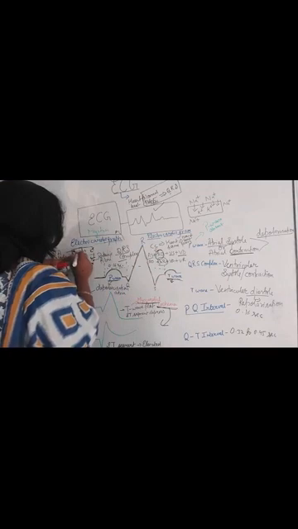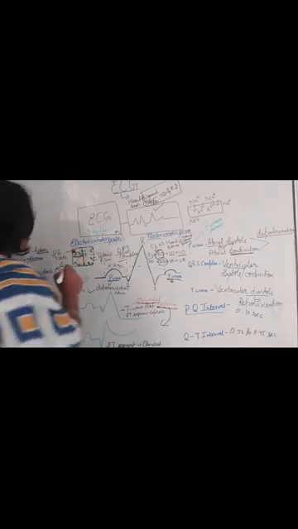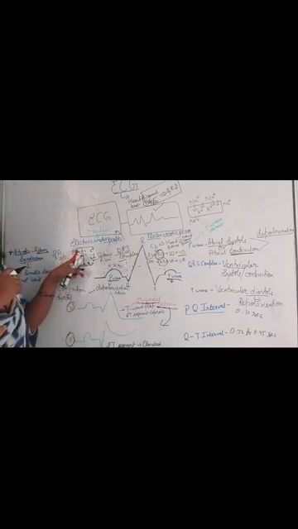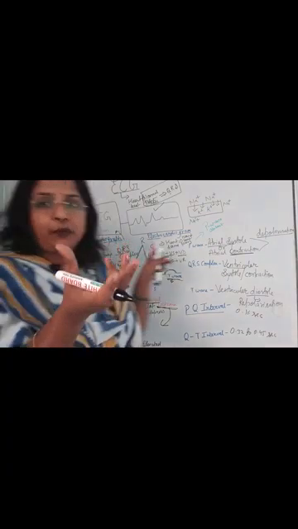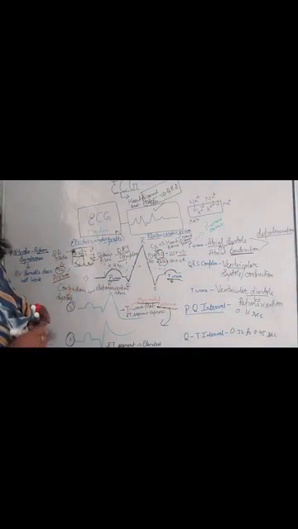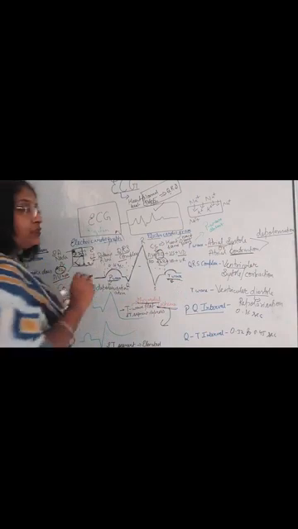These impulses are transferred to the AV node. If the SA node has a blockage, then some disorder, meaning if the SA node does not work properly, what will happen? The AV node will work, but if the AV node works, it is not equivalent to 72.